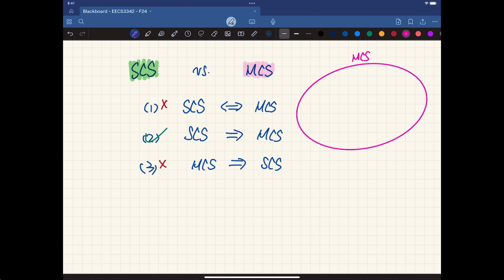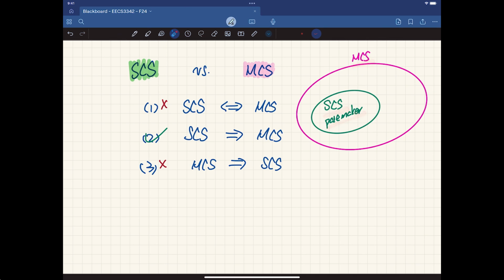A subset of them is going to be safety critical systems. For example, the pacemaker. So it is not wrong to say the pacemaker is a mission critical system, but it's not accurate enough. You should really say it is safety critical.